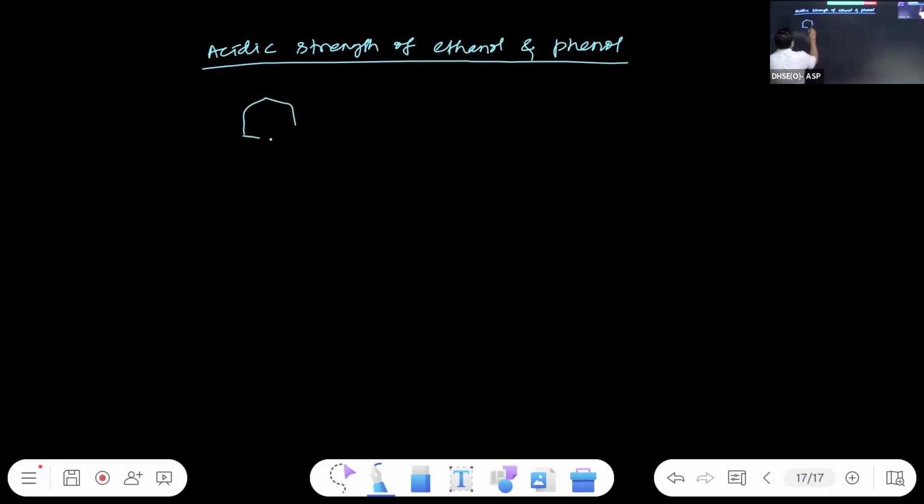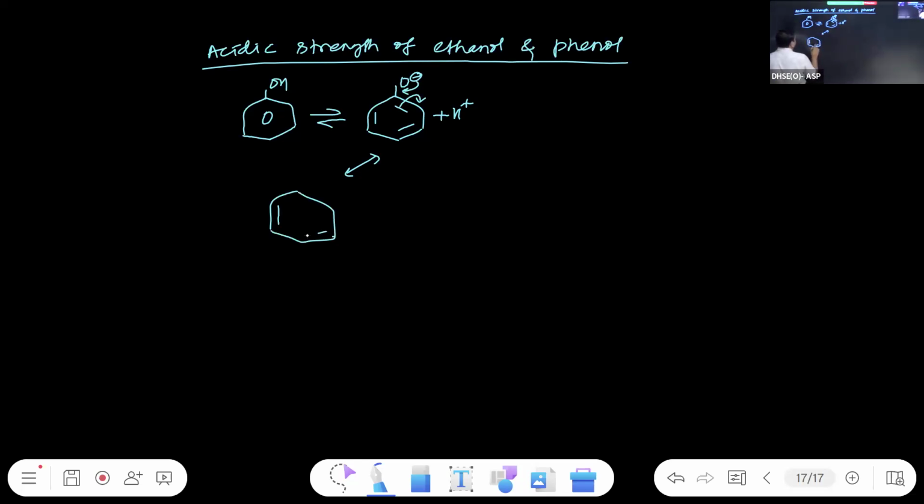We have already seen ethanol. Here, phenol after releasing H plus ion makes phenoxide and H plus. The phenoxide formed is stabilized by resonance. Students, in the board exam you have to draw the resonating structures.